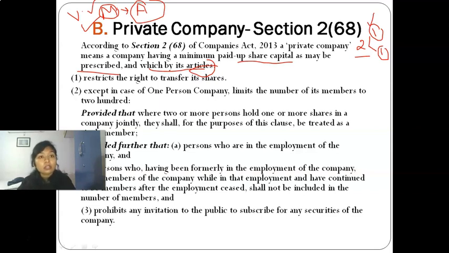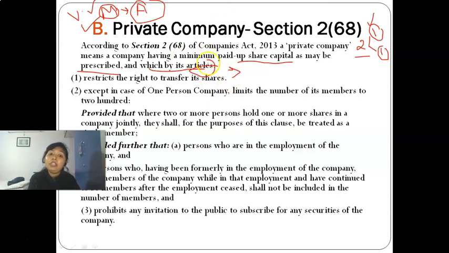But what do articles do? Articles provide the things that the company can do and cannot do, and how the provisions given under the memorandum need to be complied with by the company. We'll study this in detail in further classes.